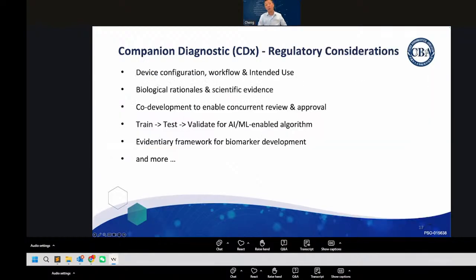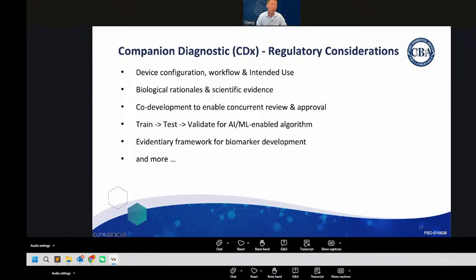For such devices, I want to emphasize the algorithm will be used to assess the biomarker status of the patient, either biomarker positive or negative. When the biomarker is negative for a particular patient, then the patient will be eligible for the drug treatment. In this case, FDA considers it a class 3 device, and normally the PMA, or pre-market approval, pathway is needed.